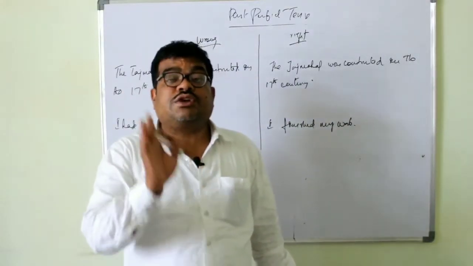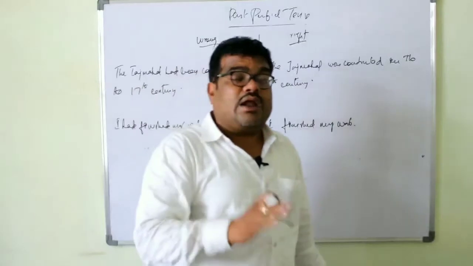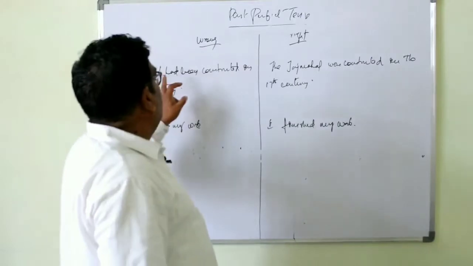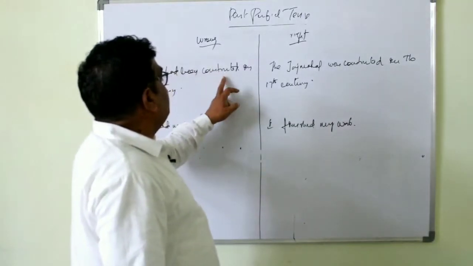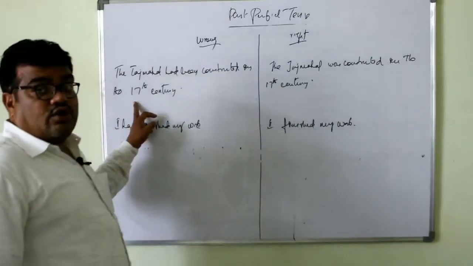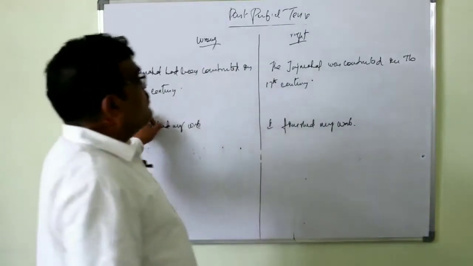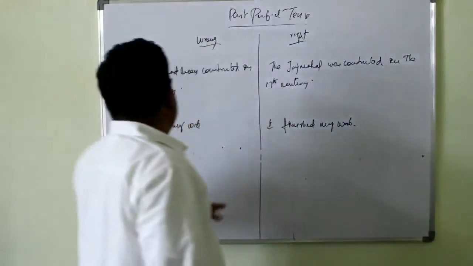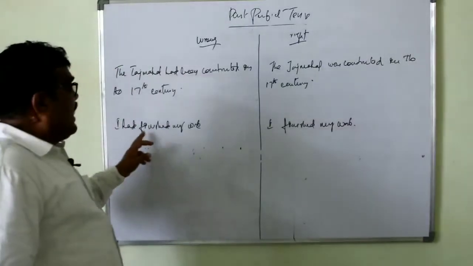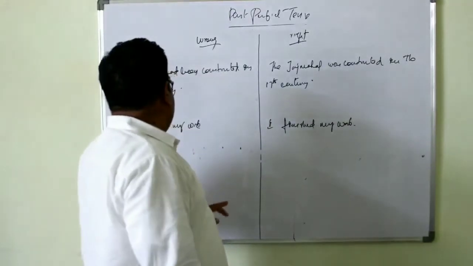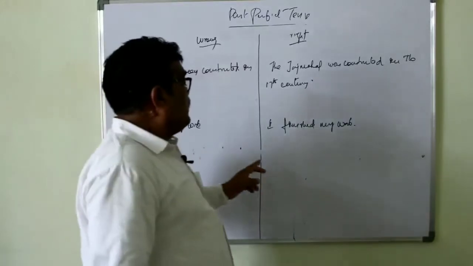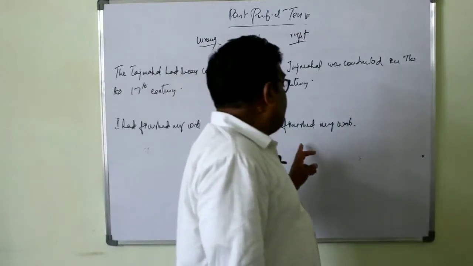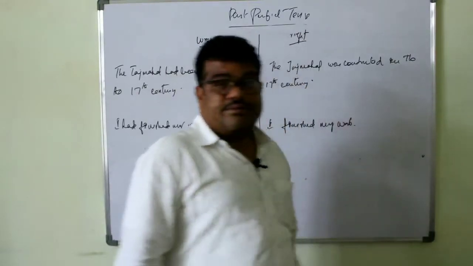Otherwise, use simple past tense. Example: the Taj Mahal had been constructed in the 17th century. Because it is an isolated action, it is better to use simple past: the Taj Mahal was constructed in the 17th century. Another example: I had finished my work. Isolated action, so better to use simple past: I finished my work.